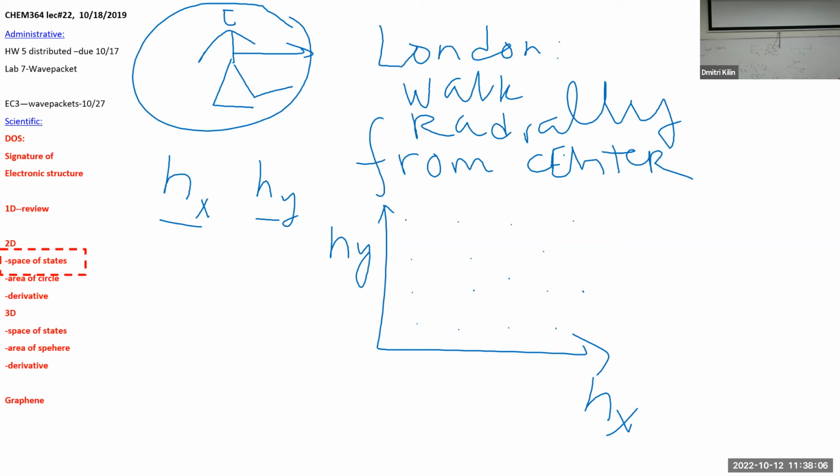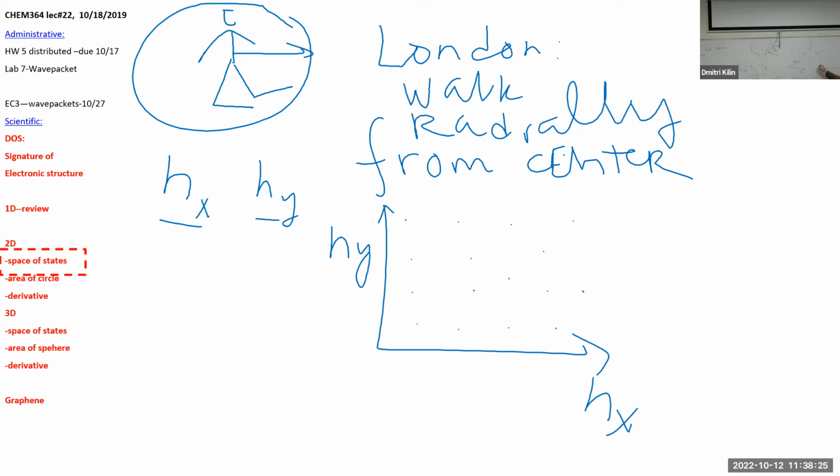Before we were like, here is a number of states, here is the energy. Now it is different. We need to design a space with quantum numbers n_x and n_y, and each state of the two-dimensional box is a point on this plane.